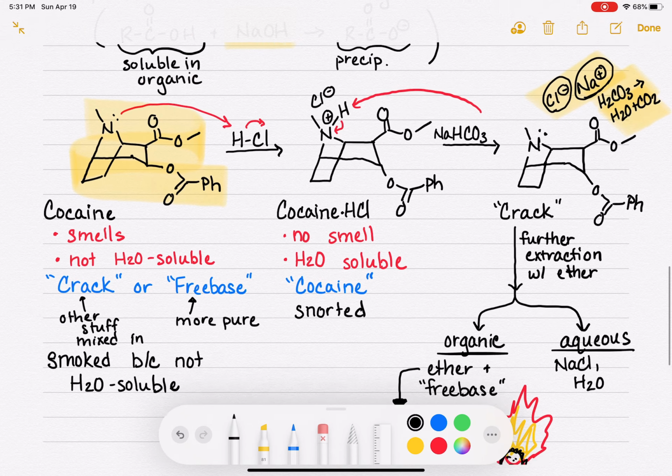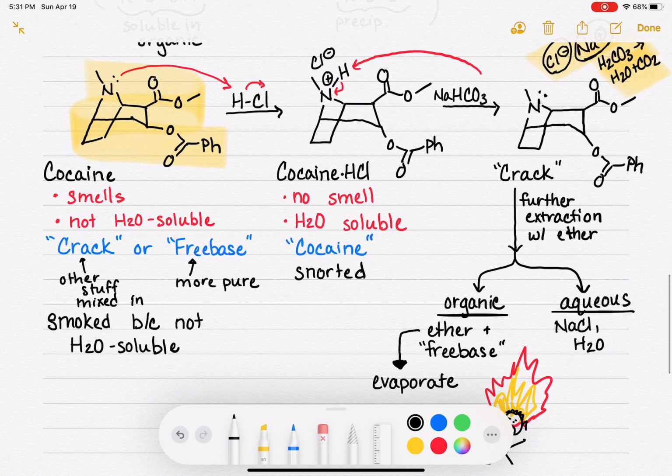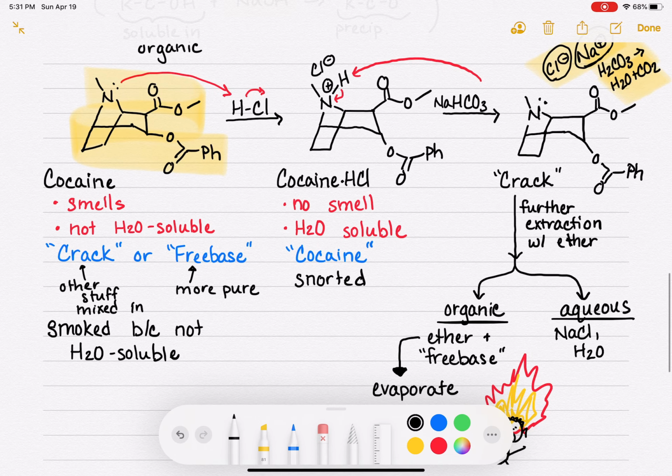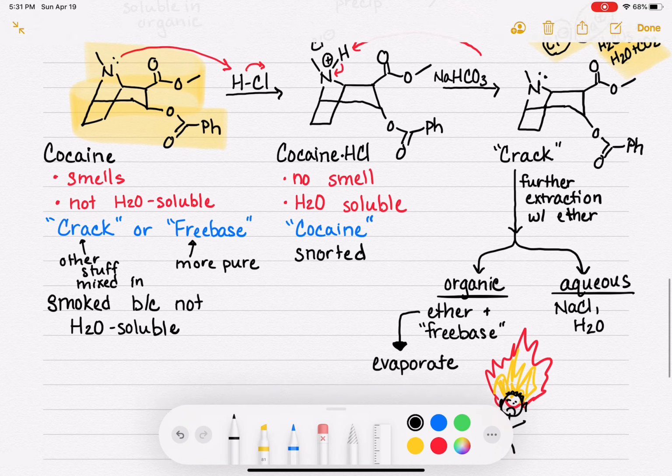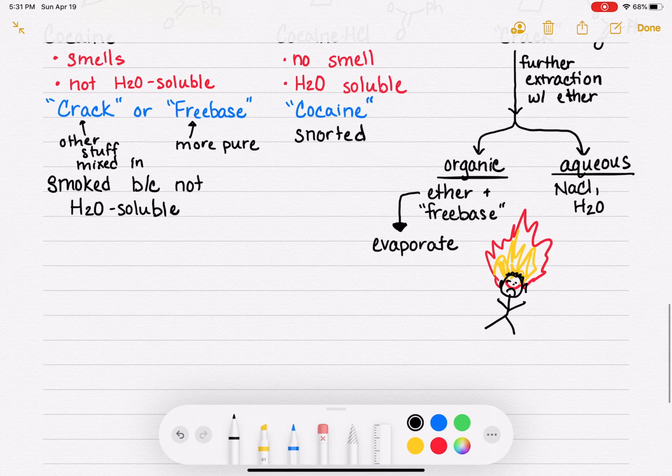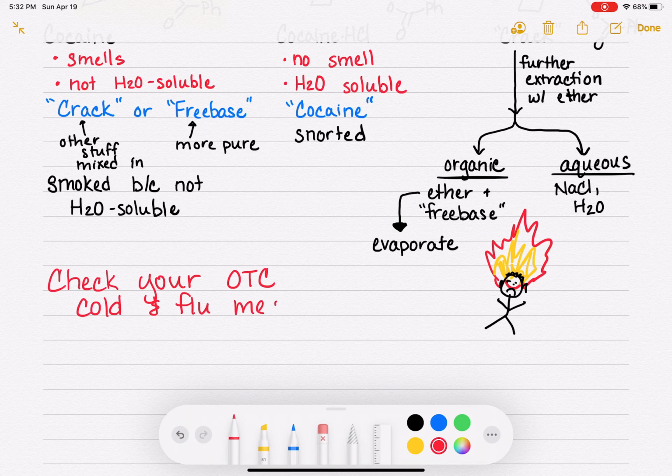This whole thing right here, it's interesting to talk about it in terms of cocaine and crack. This is not a process that's only used in illegal drugs. This is also used in many over-the-counter pharmaceuticals. So what you should do right now, just because it's interesting, go check your medicine, especially your over-the-counter cold and flu medicine, cough medicine, decongestants.